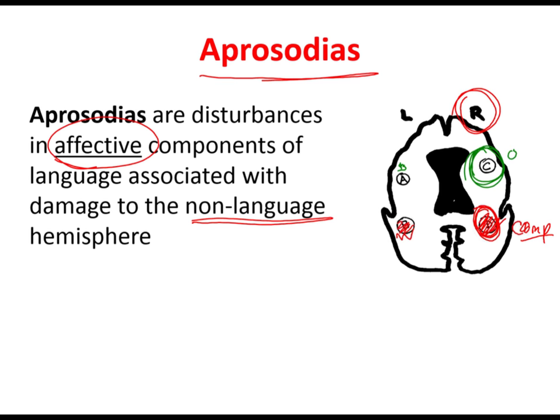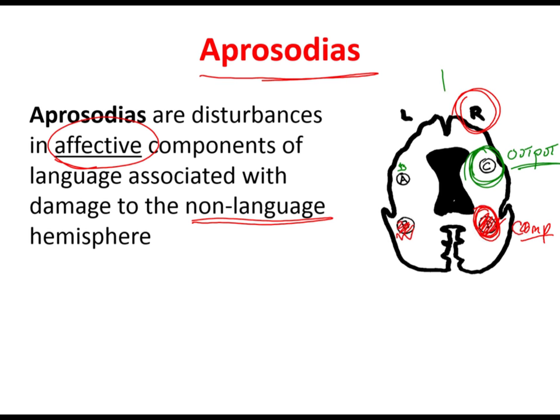So here we're talking about output, and the ability to have an emotional output of your language, the difference between yes versus yes, or no and no. That output occurs in the non-language hemisphere.